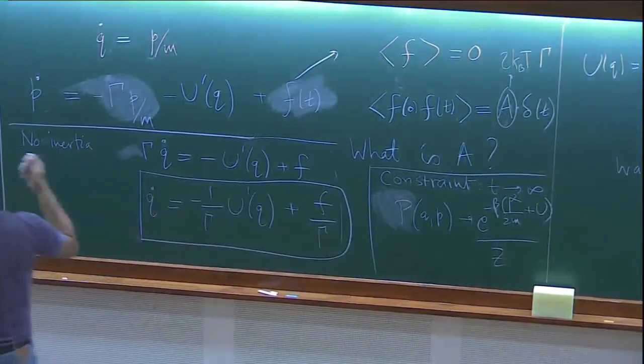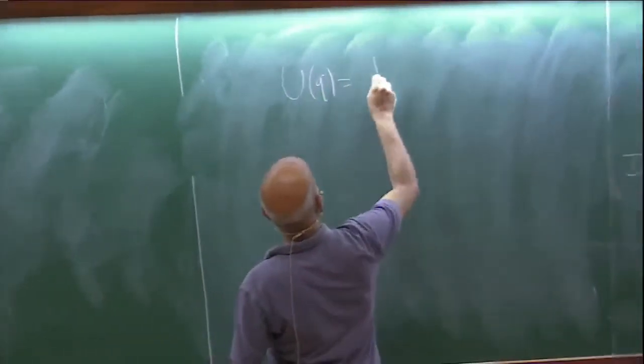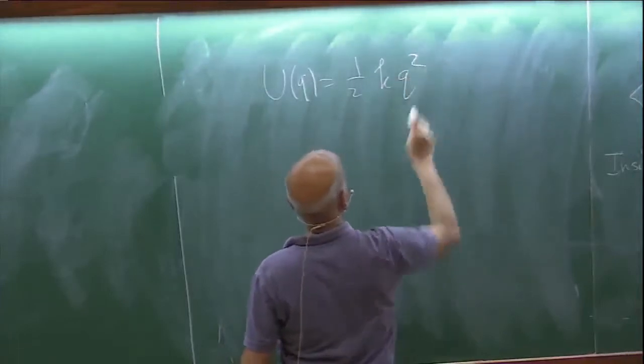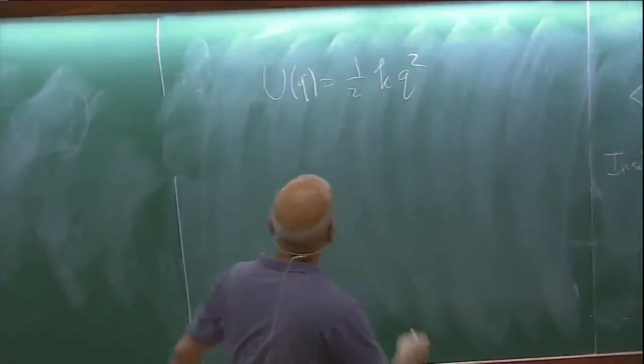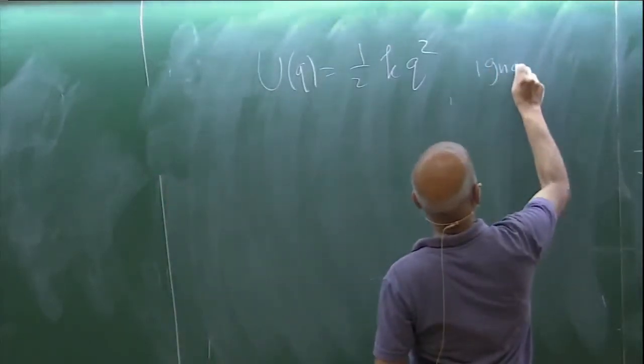So now let's take another equally simple case. Supposing you take u of q to be a half k q squared, just so the calculation is completely mirrored, and you ignore inertia.